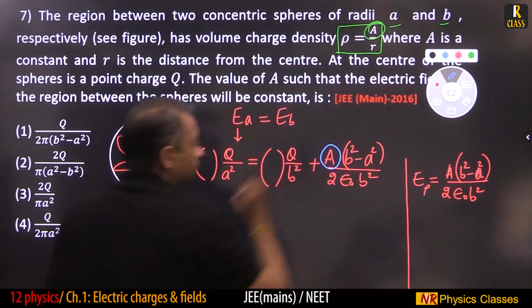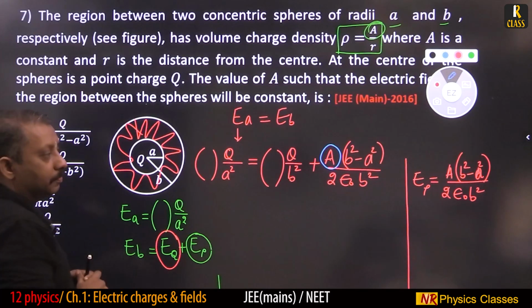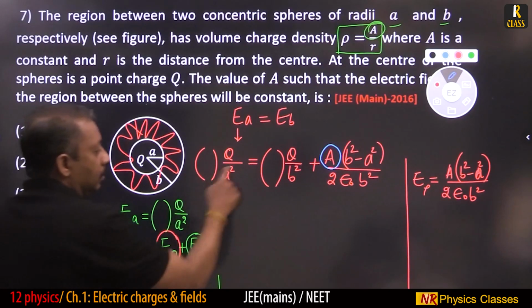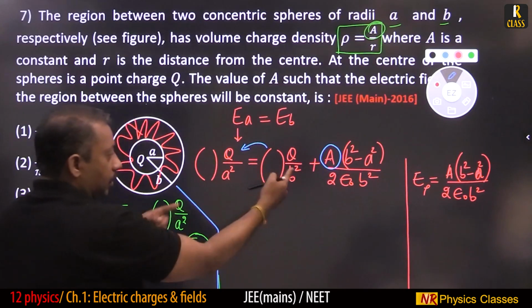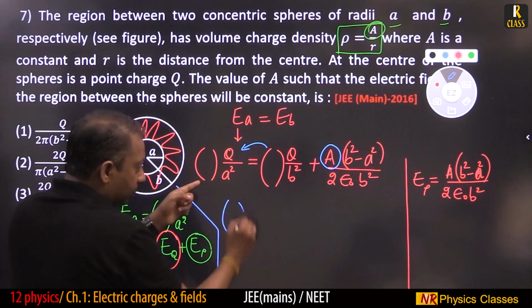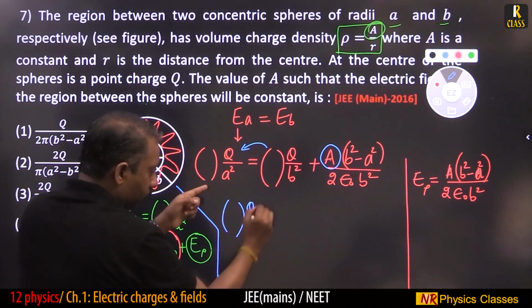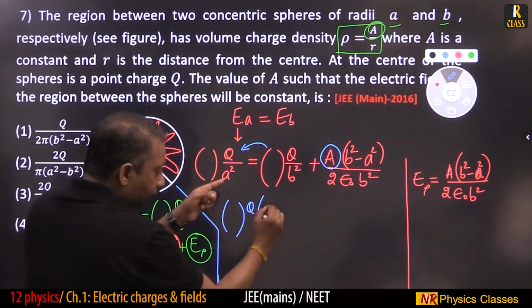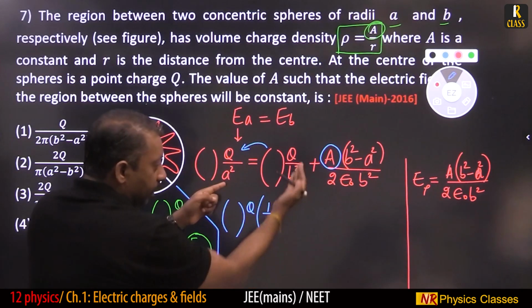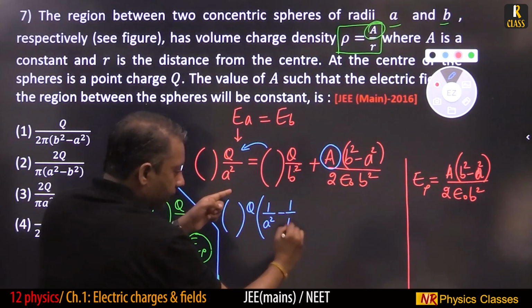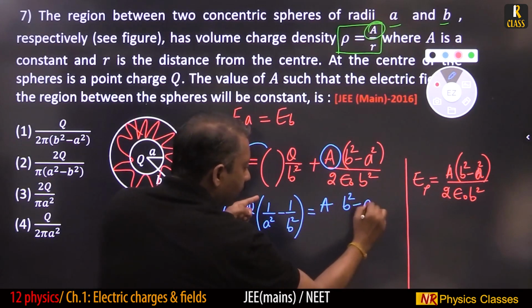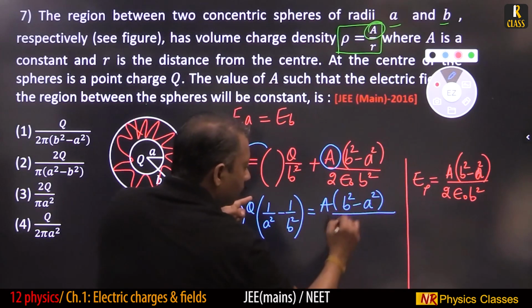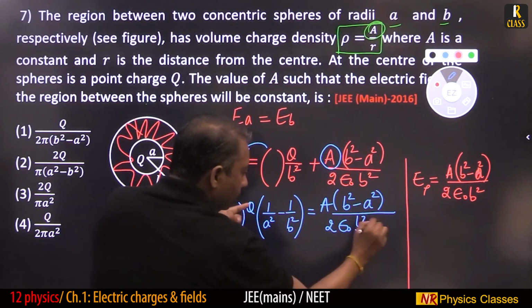Now carefully observe. Let me take this to the other side: constant q times 1 by a square, minus this to the other side, 1 by b square, equals a b square minus a square by 2 epsilon naught b square.